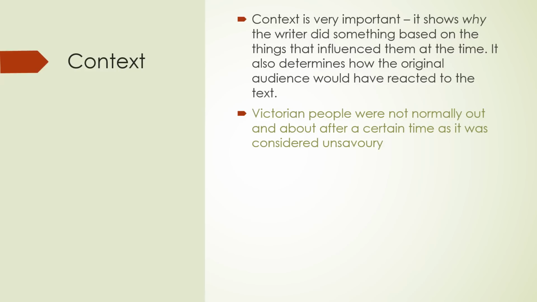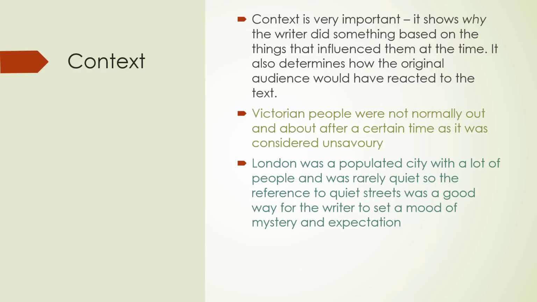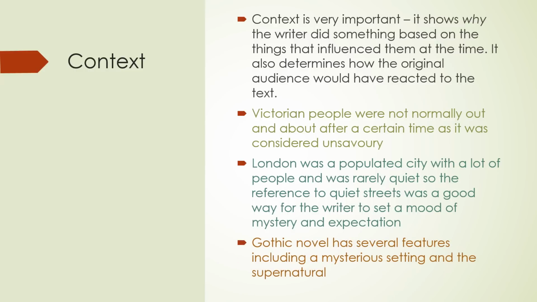So Victorian people were not normally out and about after a certain time, as it was considered unsavoury. London was a populated city with a lot of people and was rarely quiet, so the reference to quiet streets was a good way for the writer to set a mood of mystery and expectation. Gothic novels, which Jekyll and Hyde is, have several features, including the mysterious setting and the supernatural.